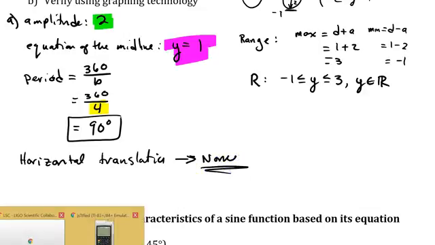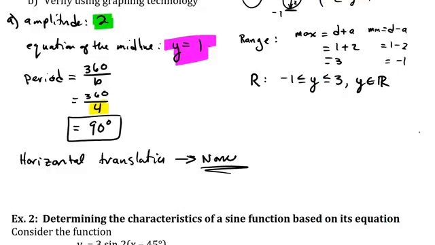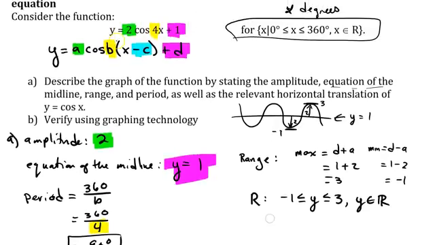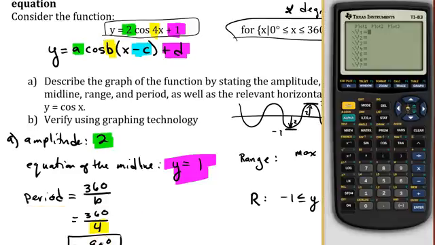So when I graph this thing, I'm going to go into my functions, and I'm going to hit cancel, and I'm just going to type in this exact formula here. So I'm going to say y equals 2 cosine of 4x.